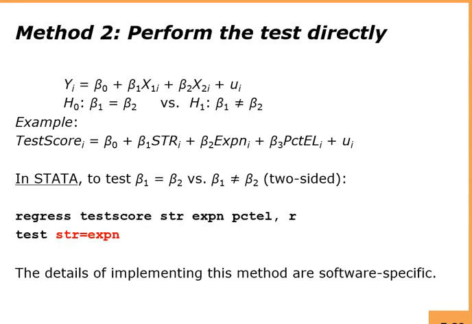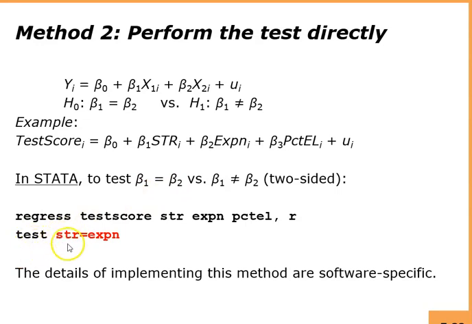So the second method is much simpler when you have access to some sort of statistical software. If you are testing for beta 1 equal to beta 2 in STATA, you will simply write test.